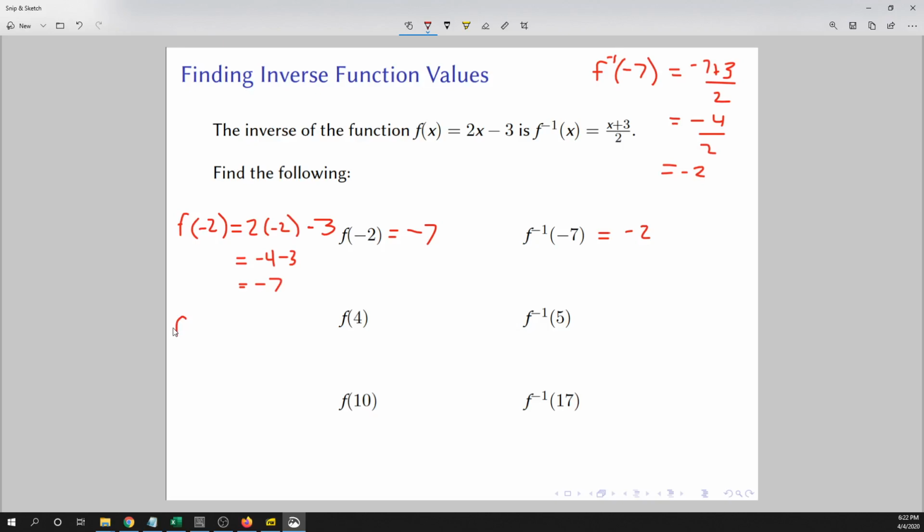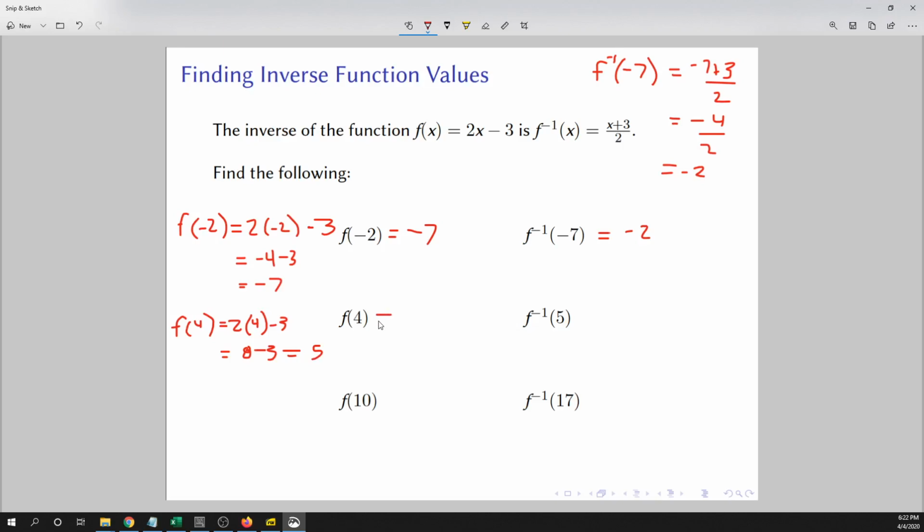All right, so just to keep verifying this, f of 4 is 2 times 4 minus 3. I'm taking the 4 and plugging it in here. So I get 8 minus 3, which is 5.